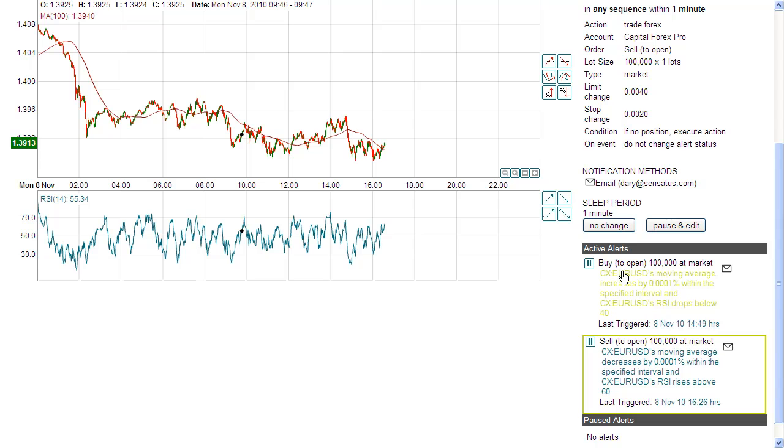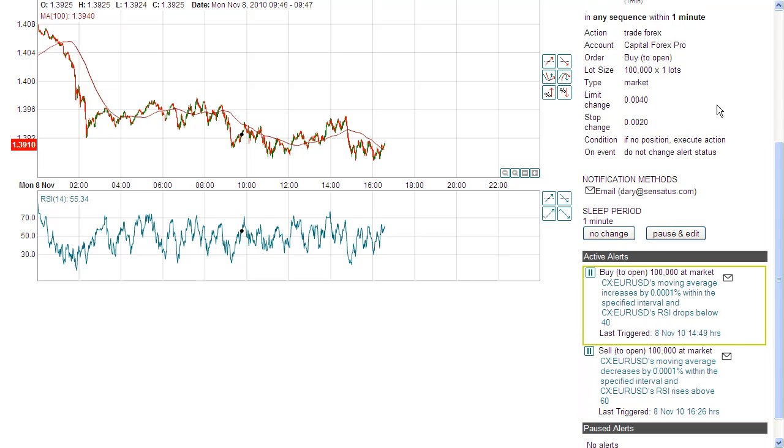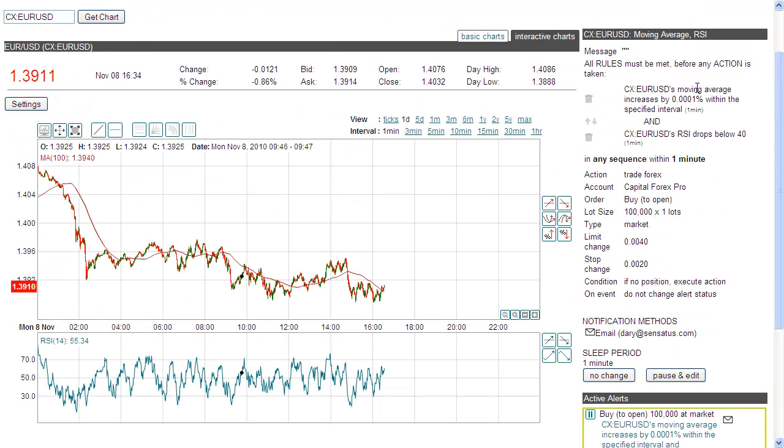On the flip side, we had another rule that said if the moving average is rising and the RSI moves against it, showing weakness in the price, so the trend is up and the RSI is suggesting that the price is at a low or at a weak point, this time we buy to open, and again 40 pips profit, 20 pips loss.